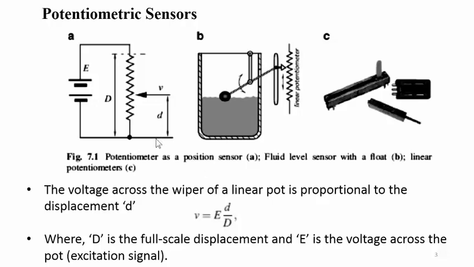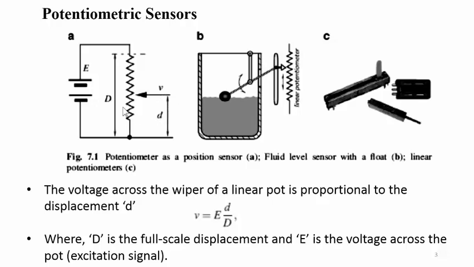In figure A we can see the potentiometer as a position sensor. The two terminals of the potentiometer are connected to the excitation or battery, which is E, and the wiper is located on the carbon composition film, and depending on the location of the wiper we get the output voltage.